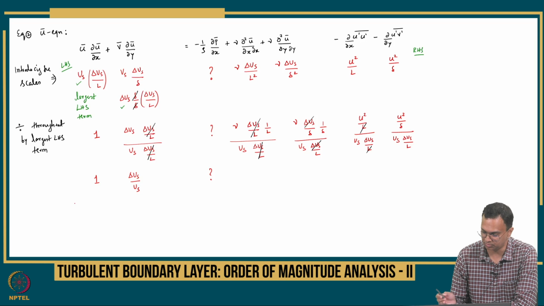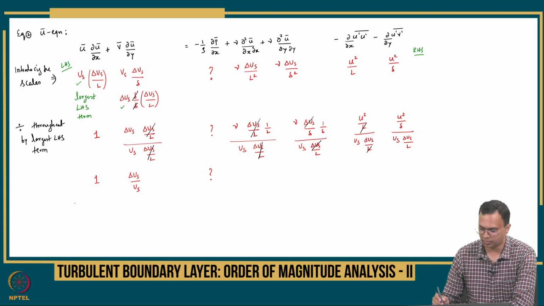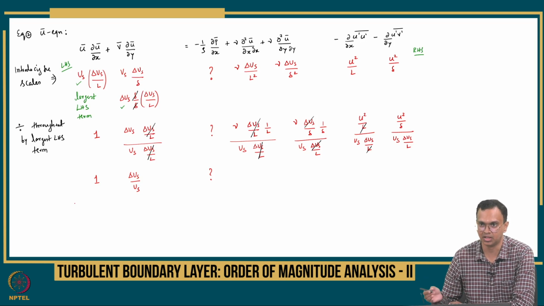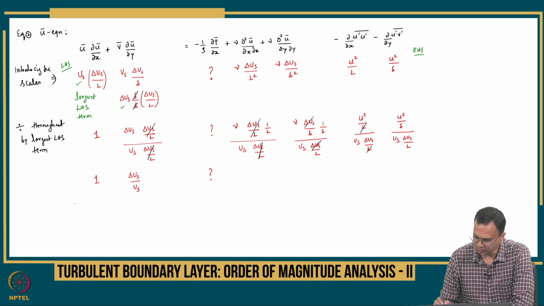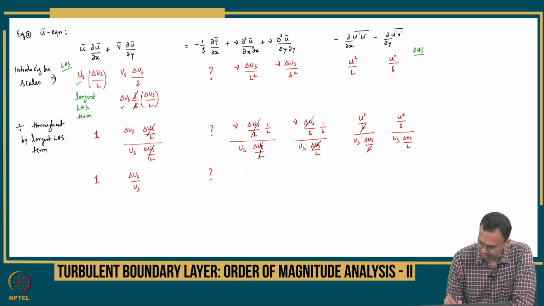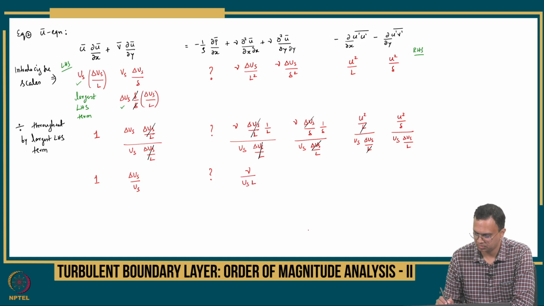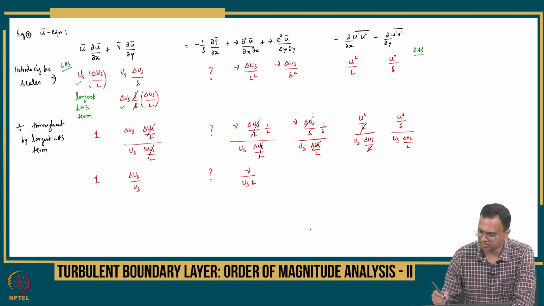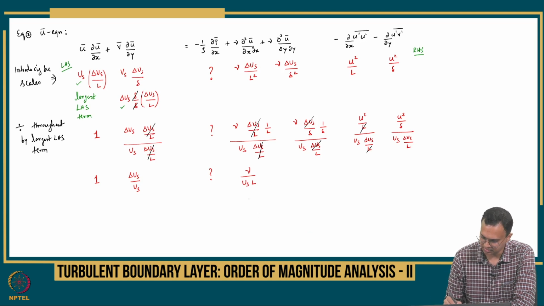So which one is that? We have to choose. We have option between 4 terms. First we will see which is the largest viscous term, which is the largest turbulence term. Okay, so now we have the two viscous terms here. If I rewrite this, I will get essentially nu by U_s L. And what does this look like? Reynolds number, right? So I can write this as essentially 1 over Re_L.